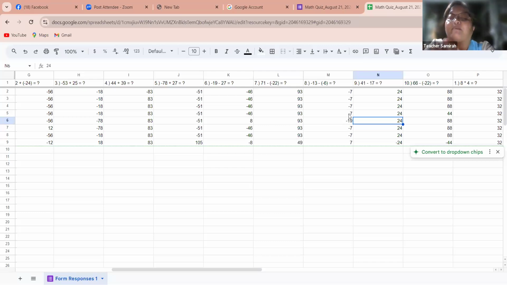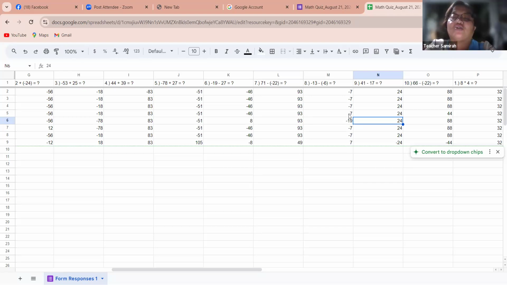Take note of the rule about two different integers. For addition of two different integers, we are going to subtract. What is the sign of the bigger number? It is negative 13, so the sign of the answer will be negative. 13 minus 6 is what? 7.